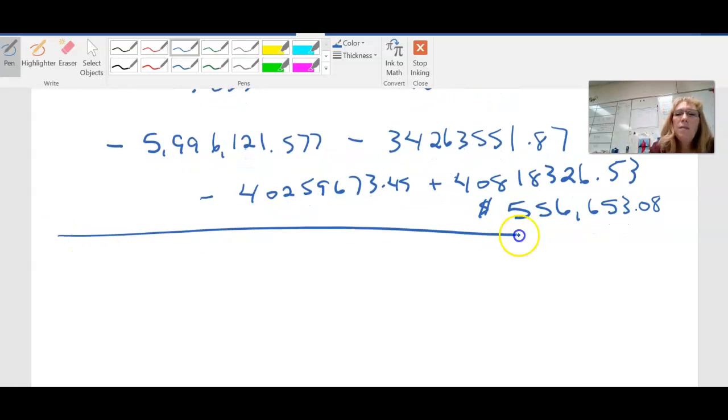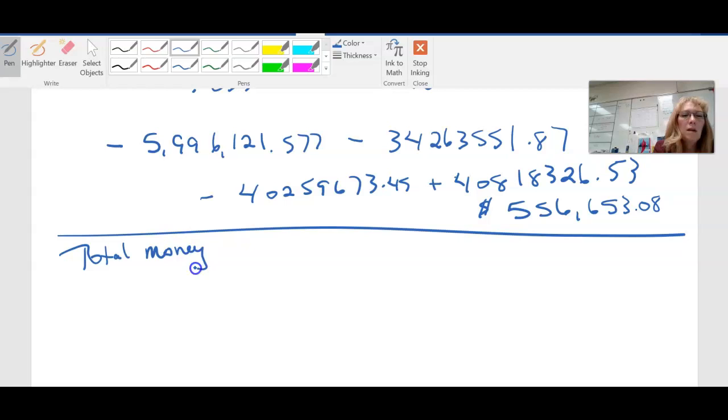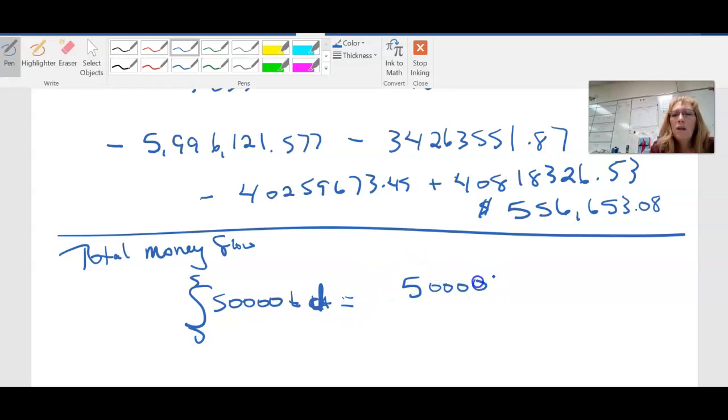All right, just for fun, let's calculate total money flow. So the total money flow from 0 to 5, 50,000 t dt, equals 50,000 t squared over 2, all from 0 to 5.